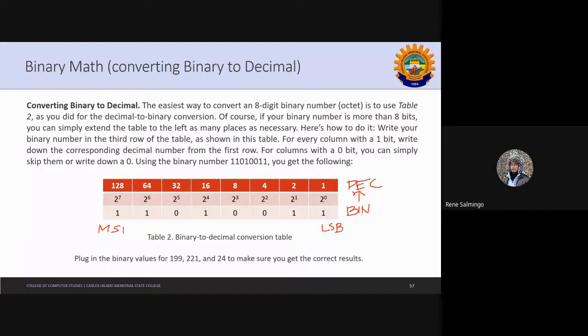Most significant bit, and you have the least significant bit. Okay? And you start writing your bit values from your right.